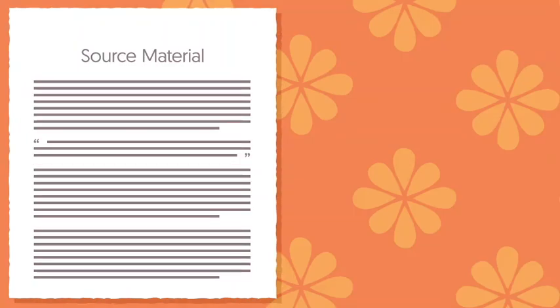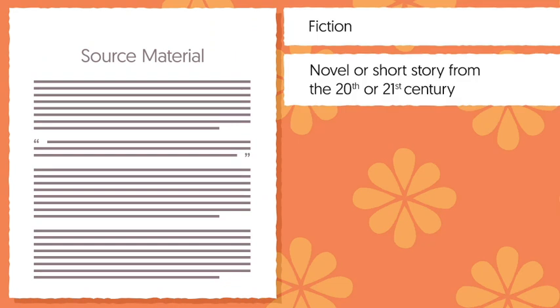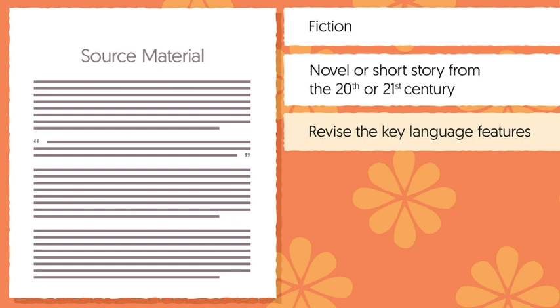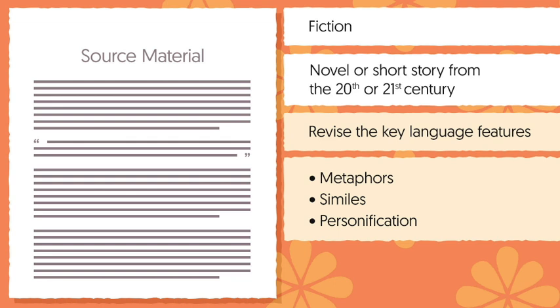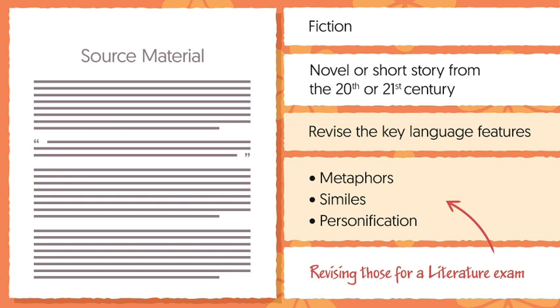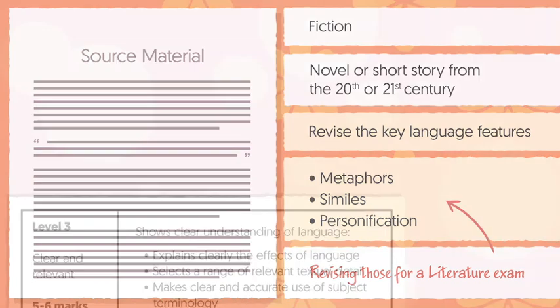Remember, the source material will always be fiction and from a novel or short story from the 20th or 21st century. So it's a good idea to revise the key language features used in creative writing. Things like metaphors, similes, and personification. You might even be revising those for a literature exam, so you can use that knowledge here too.